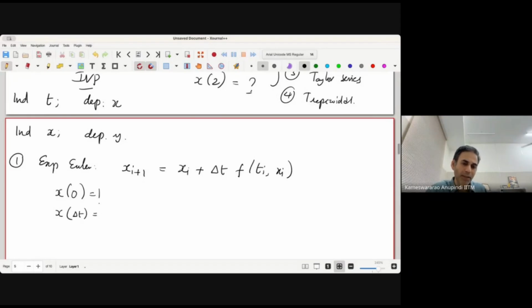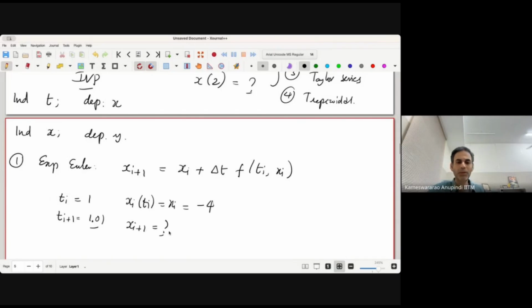Here t_i equals 1, and we have to calculate at t_{i+1} equals 1.01. But x at t_i is given as -4. We need to calculate what is x_{i+1}. That is the question.